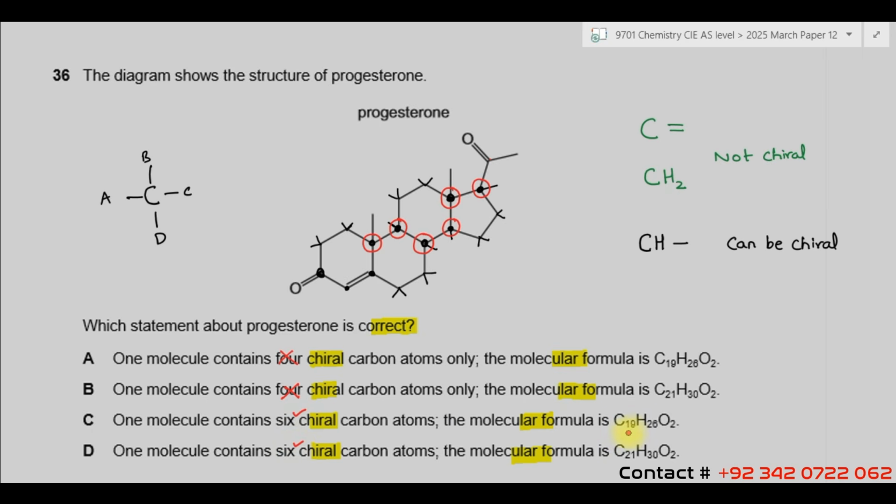Let's find out the molecular formula. It says C19 and C21. Let's find out the number of carbon atoms.